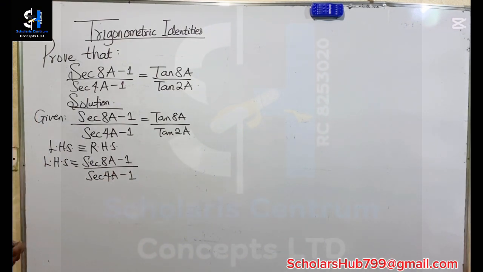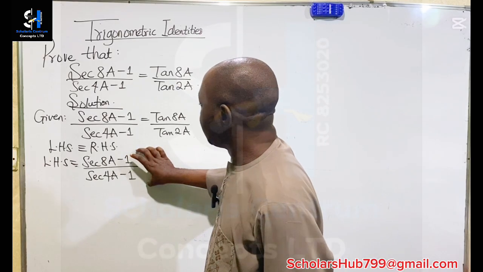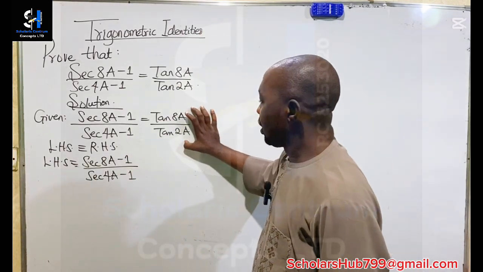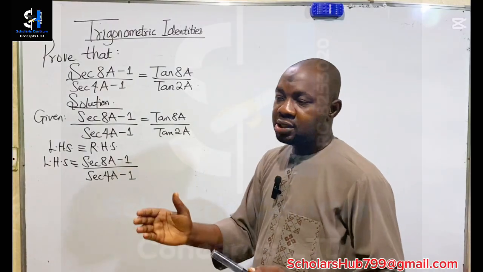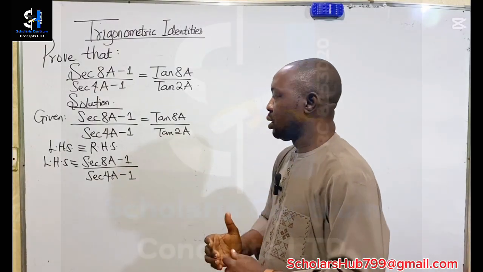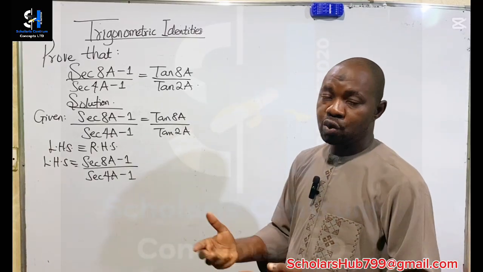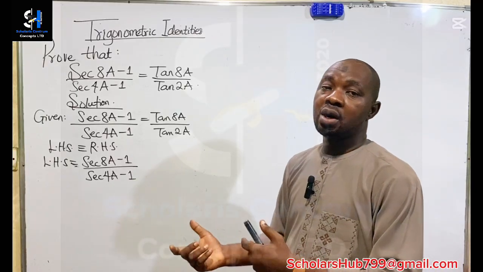Now to be able to prove that this is equal to the one on the right hand side, we need to understand that secant of an angle is the reciprocal of cosine. So sec is equal to the reciprocal of cos.